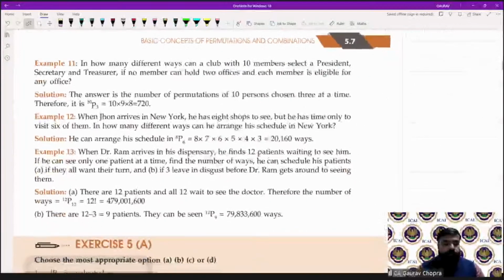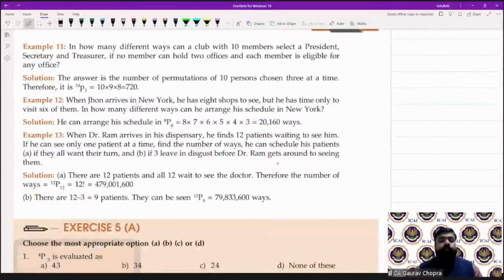Now, example number 11. In how many different ways can a club with 10 members select a president, secretary, and a treasurer if no member can hold two offices and each member is eligible for the office? So 10 members are there and we have to select for 3 posts: president, secretary, and treasurer.